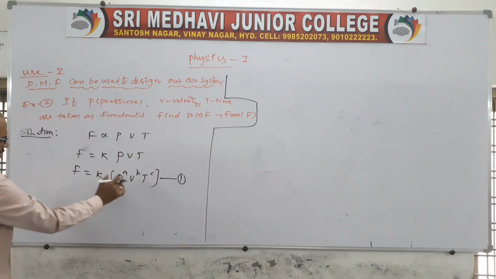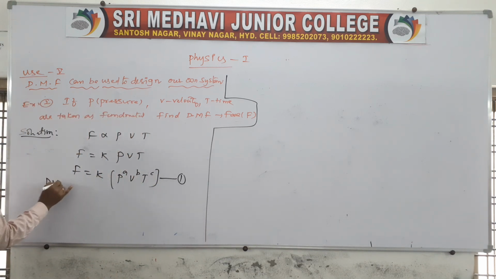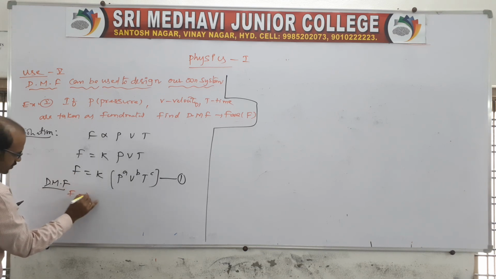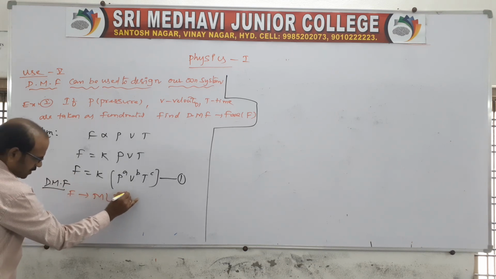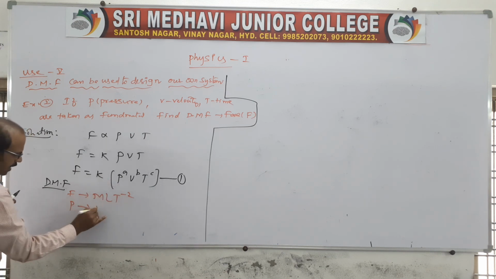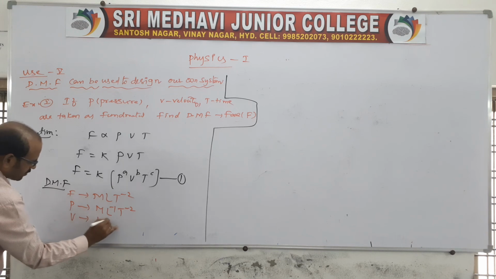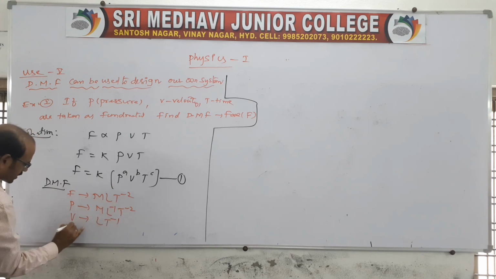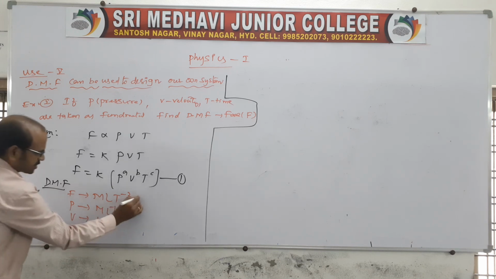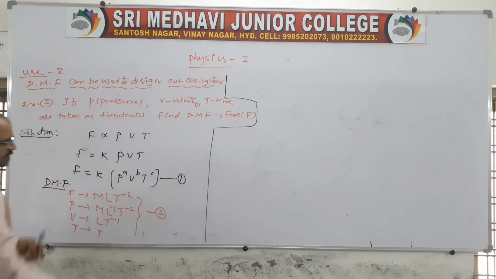From this, you take the dimensional formulas for all the physical quantities. The dimensional formula of F we know is M L T^-2, pressure we know is M L^-1 T^-2, velocity we know is L T^-1, and time we know is T. This dimensional formula you substitute in equation 1.